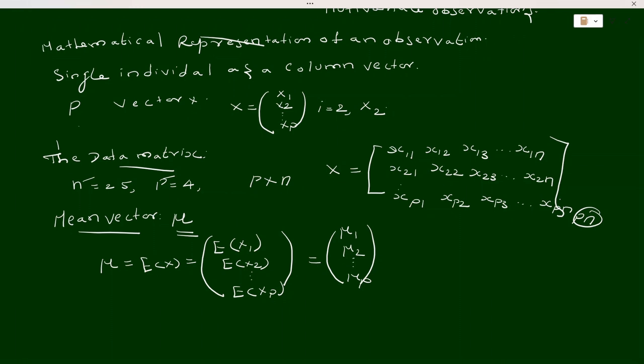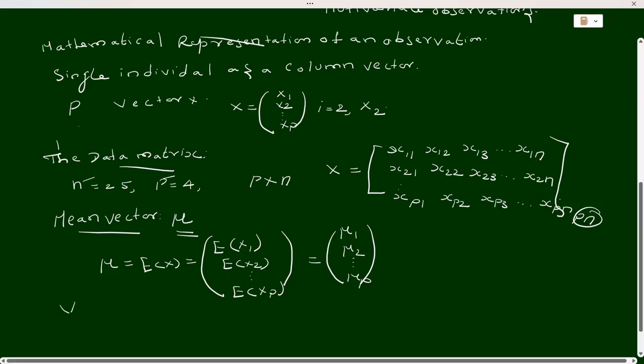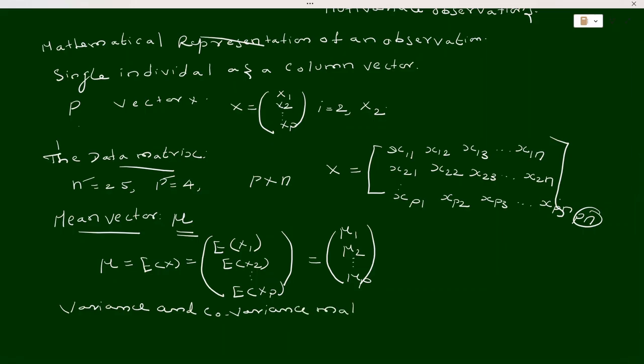So next, the variance and covariance matrix.